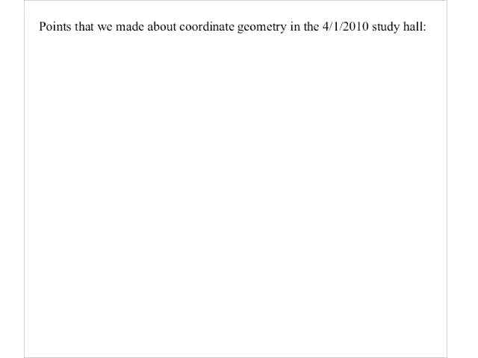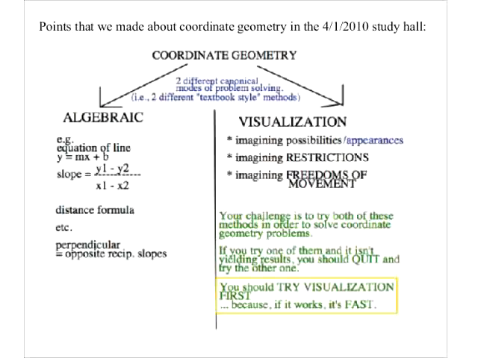It'll take a second to load onto your screen. I'll tell you when it should show up. Okay, there you go. These are the points that we made about coordinate geometry on April 1st. We're going to reference these points as we go through the problems that follow.